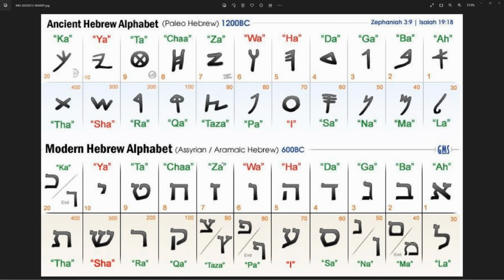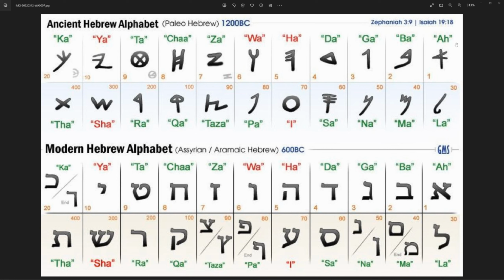When we look in the Blue Letter, you'll see these characters down here. These are Aramaic characters, but it's read as the Hebrew, right? Every Paleo Hebrew character has an equivalent in the modern Hebrew or Aramaic Hebrew, as it says right here. I hope that's big enough for you to see.